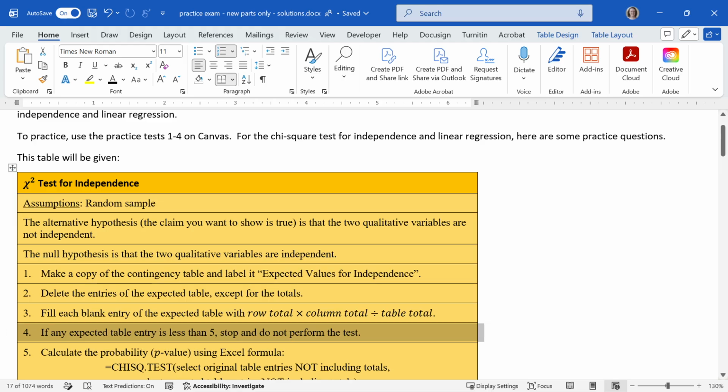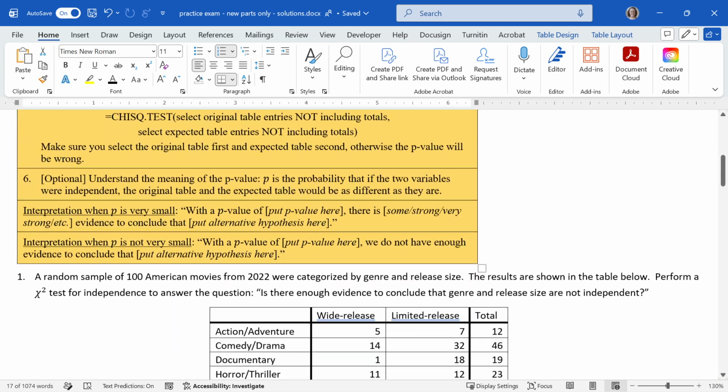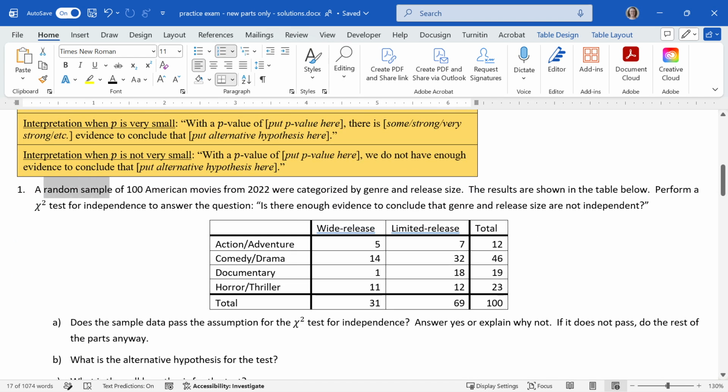We don't explicitly check that at the beginning because you can't check it until you've calculated it. So random sample is what I'm looking for, and I see it was a random sample, and I remember sampling this myself in 2022, so I know it actually was a random sample.